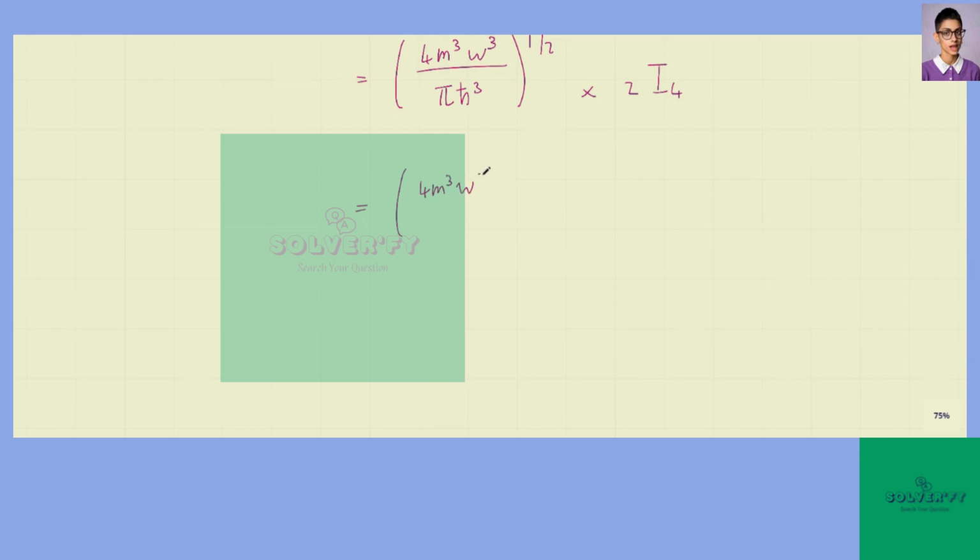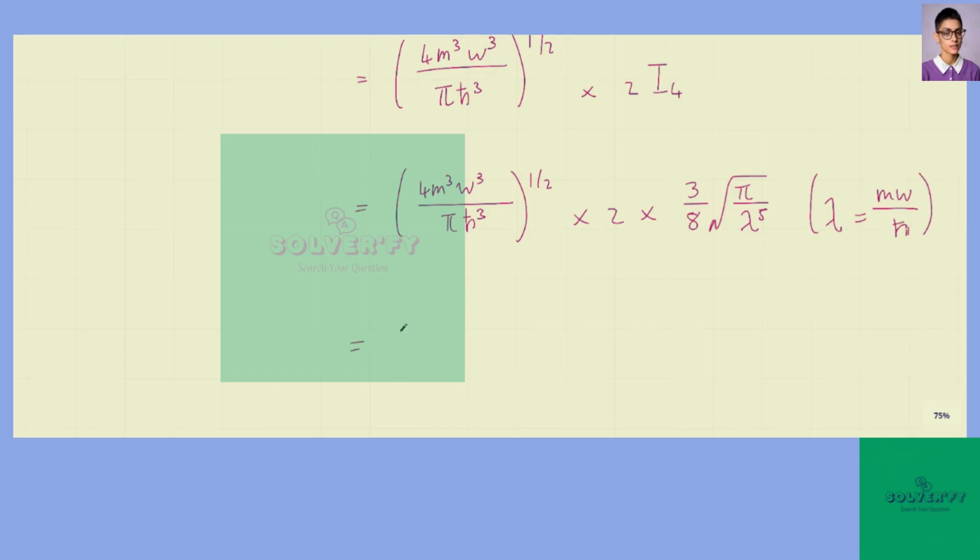4 m cubed omega cubed over pi h bar cubed all to the power half times 2 times 3 over 8 times the square root of pi over lambda to the power 5. And lambda again is equal to m omega over h bar.